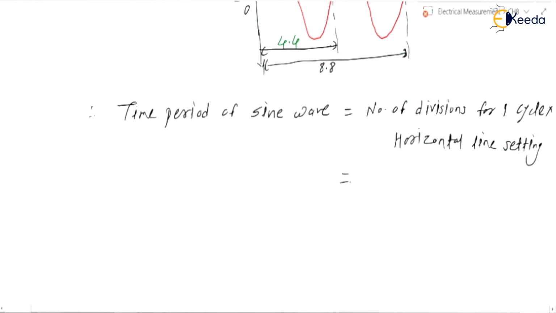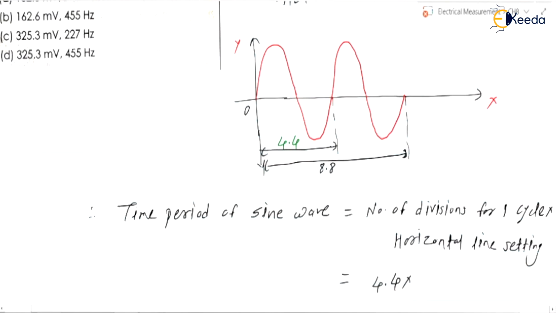So number of divisions for one cycle is 4.4, into horizontal line setting, which is 0.5 millisecond. So we can write it as 0.5 into 10 to the power minus 3.